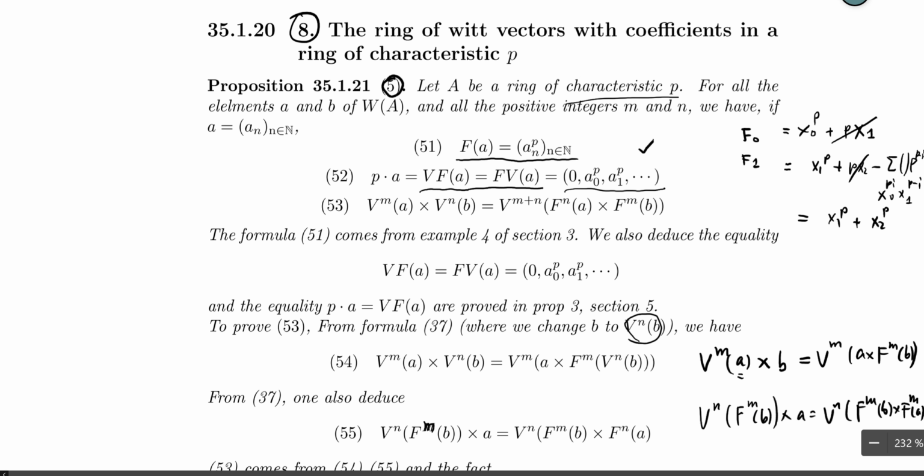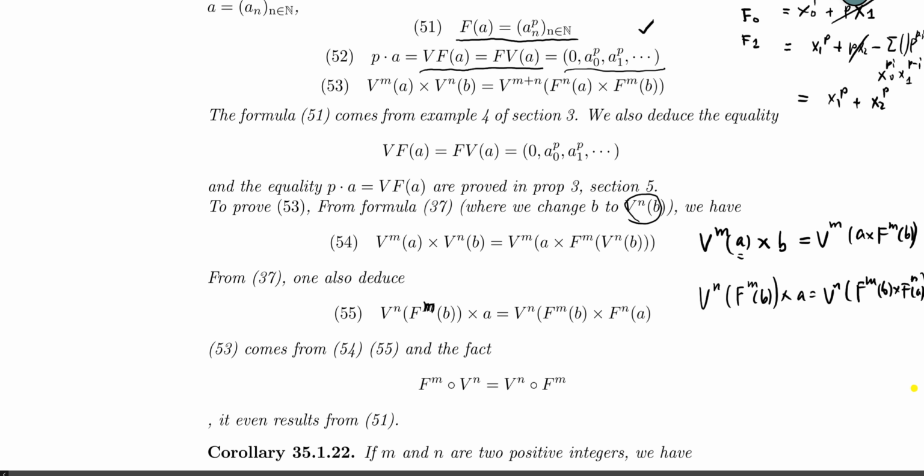Here m depends on n, so there is n. We have this, we have this. And realizing this is true only in characteristic p, as we saw, right?